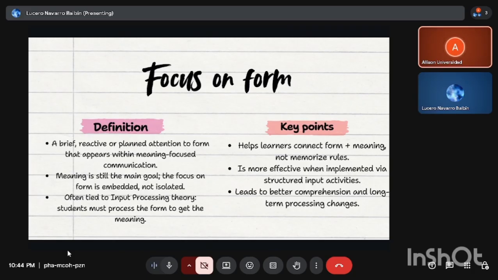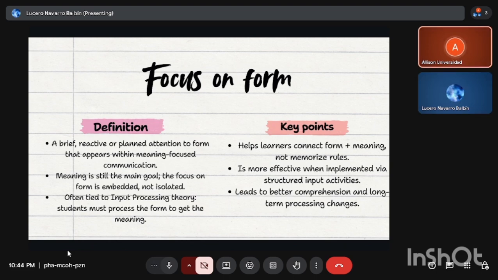This attention can be planned or reactive. A planned focus on form happens when the teacher anticipates a difficulty and prepares a short intervention. And a reactive focus on form happens spontaneously when the teacher notices an error that interferes with the communication.